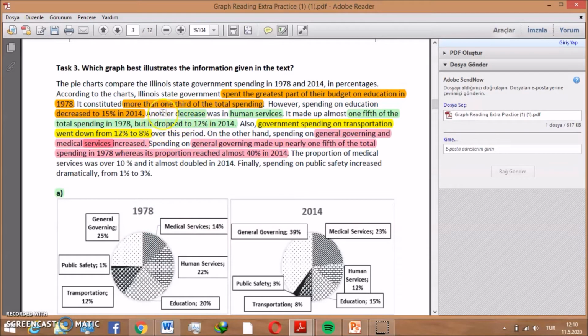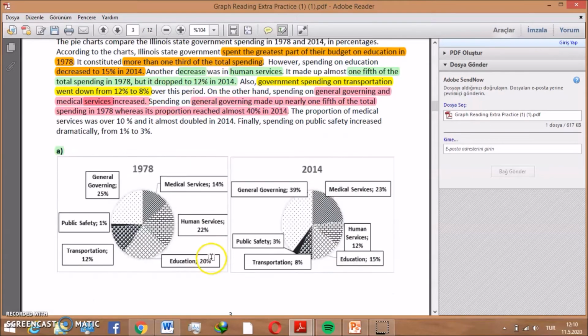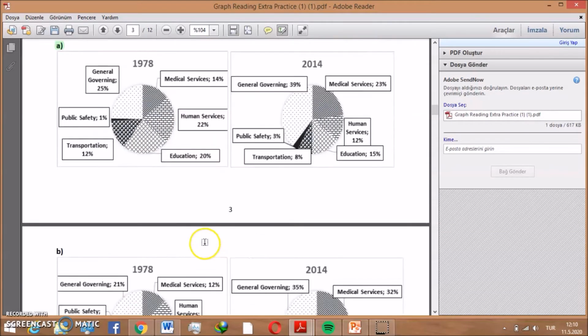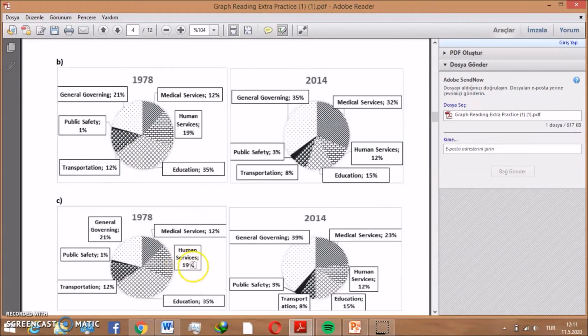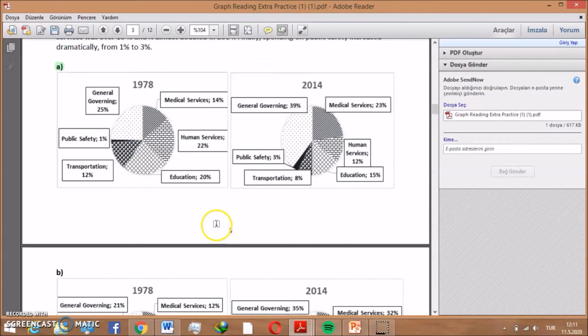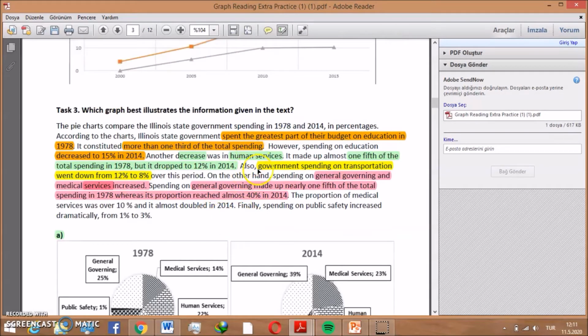It dropped to, so drop, decrease, to 12%. So let's check. Human services, we are not checking A, sorry. Human services 19, so it decreases to 12 and 12. Yes, it matches.